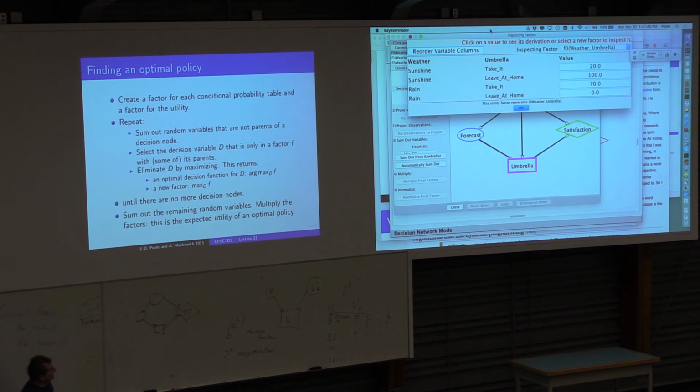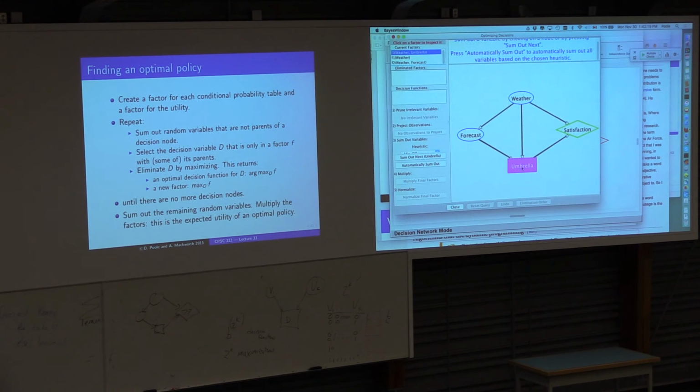So we just maximize: we leave the umbrella at home if it's sunshine, and we take it if it's rainy. So we get either 100 or 70 depending on the weather. The forecast is irrelevant, and that's why we had this funny wording about a factor with some of its parents.